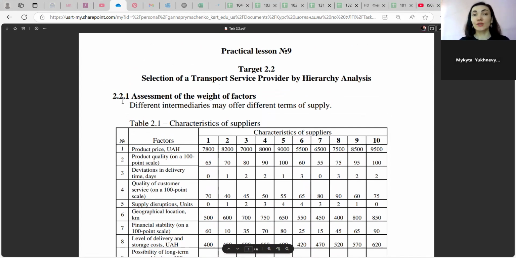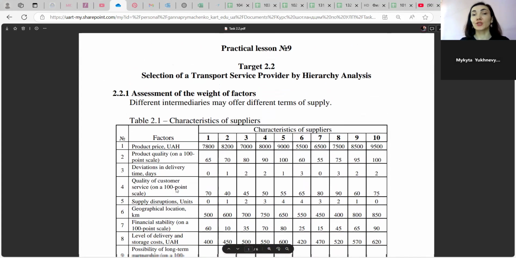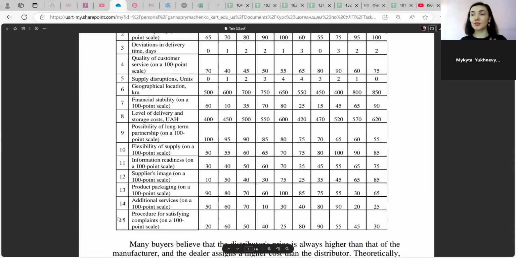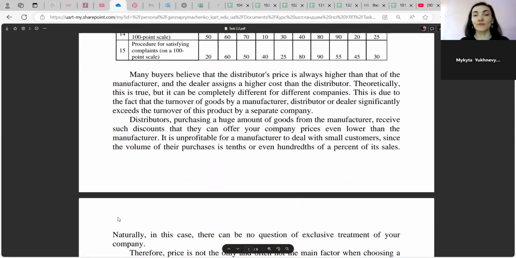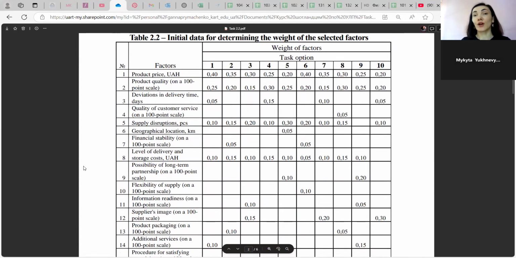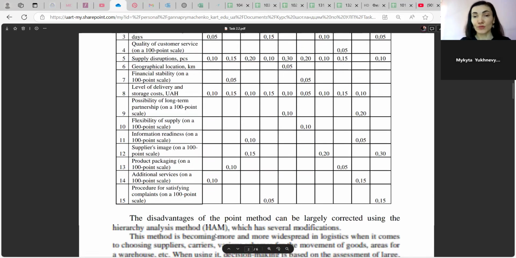I remind you that we have some characteristics of suppliers. In this table there are 15 characteristics, but every variant used only 6 characteristics for future calculation. Because we have the second table 2.2, and for every task we have weights of factors, and every variant has weights only for 6 factors.